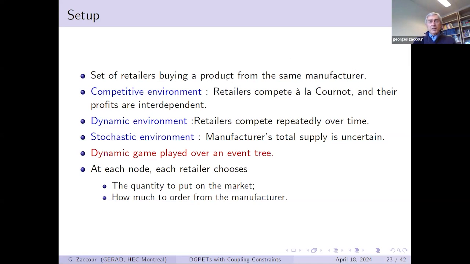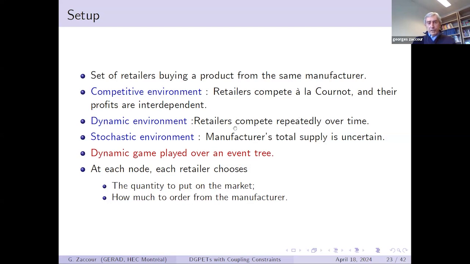And we have the following environment. It is a competitive environment, meaning that these retailers are competing in a certain market and their profits are interdependent. And since inventories are playing an important role here, there is no way of dealing with this kind of competition with a static game. So what we are assuming is a dynamic environment.